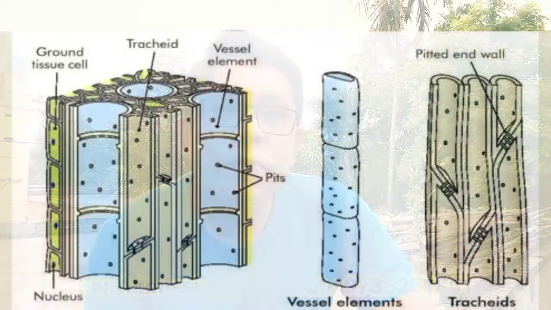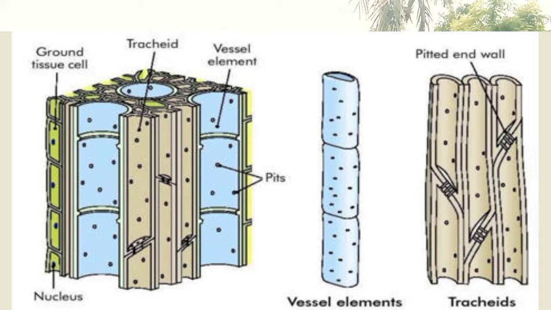If we go through it, what components are present in the xylem tissue? Look, xylem tissue is not only one tissue. We can say it is a combination of tissues. Now what are the parts of the xylem tissue? In xylem tissue there are four kinds of parts, which are combined together to make the xylem tissue.